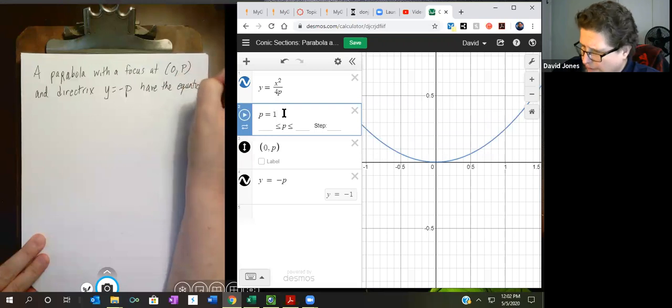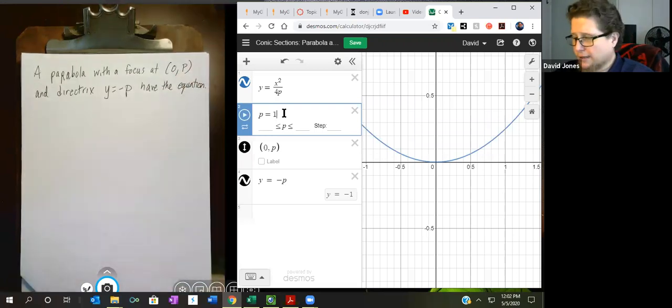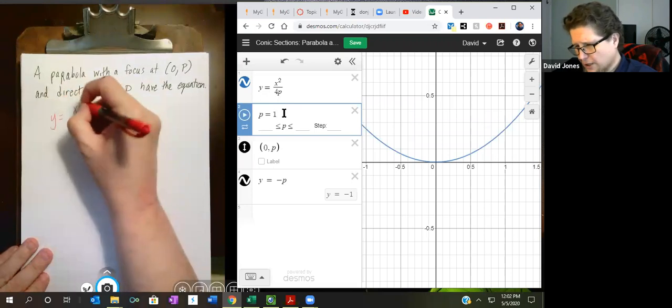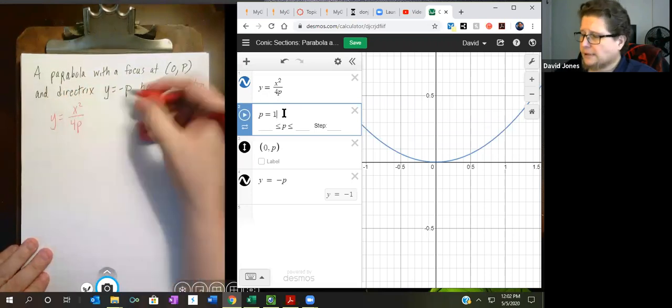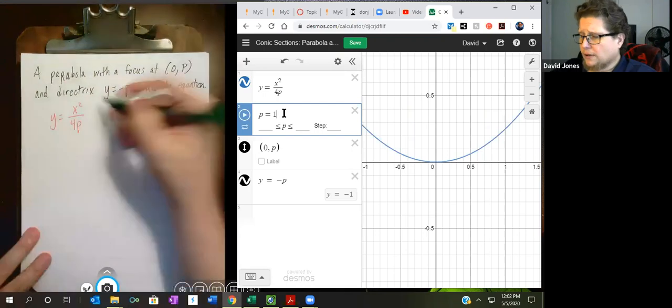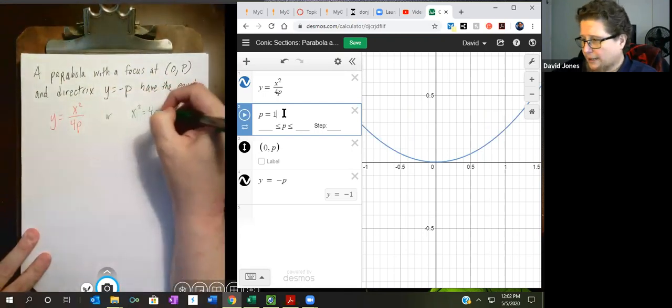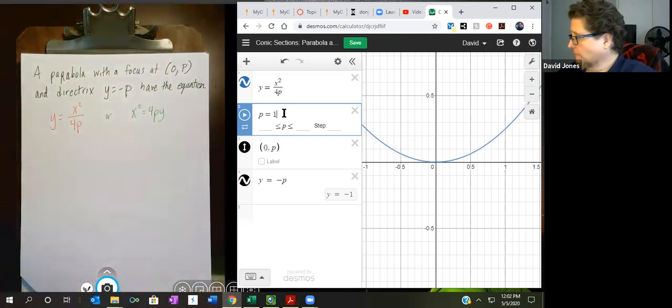There's two ways of writing it. One of them we see in Desmos right now: y equals x squared over 4p. Or we can have x squared equals 4py.